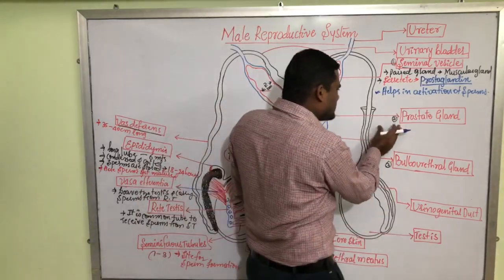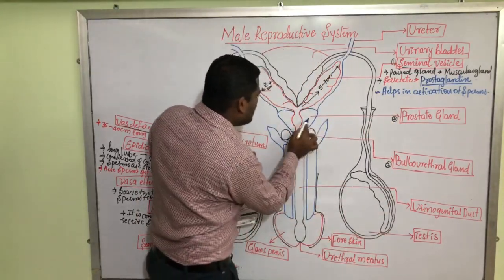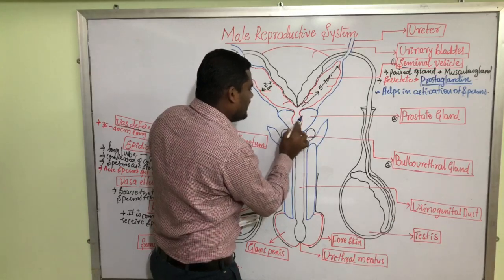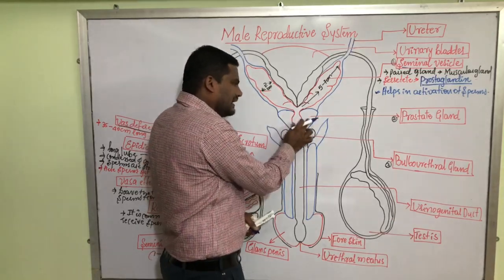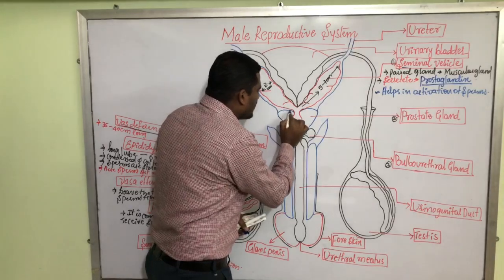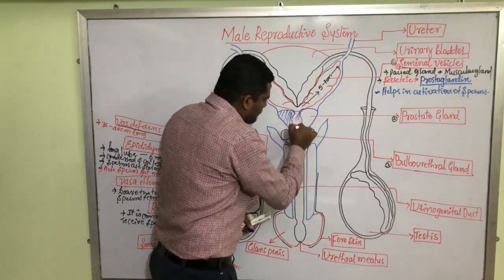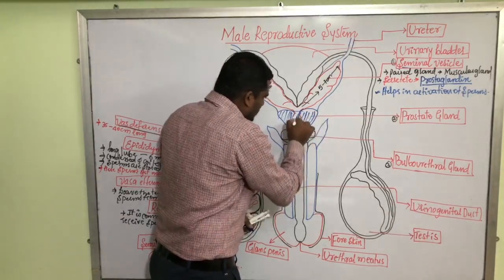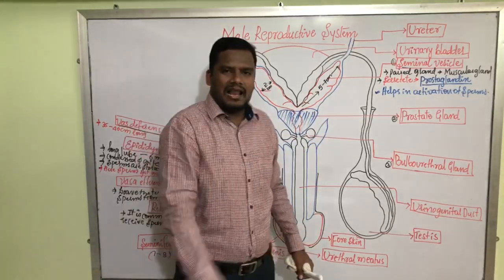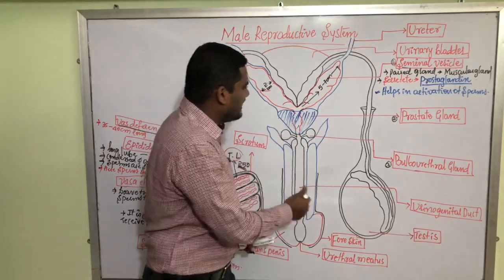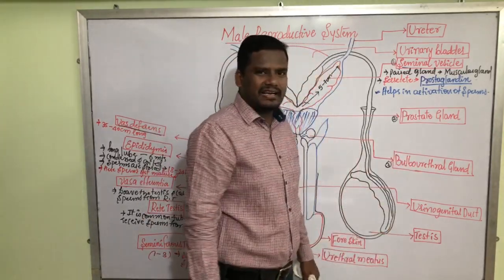Now, coming to the second gland. This is the second gland. This is not a paired structure. This entire thing is one structure. That means this is a single gland. It is not a paired gland. It is a single gland that is called the prostate gland.